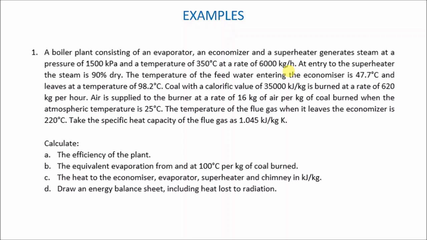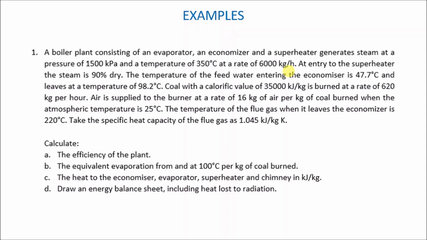Its name itself means to evaporate, so the evaporator turns the water into steam, and you are told that the dryness fraction of the steam is 0.9. That is what is meant by the steam is 90% dry. It means it's wet steam, but its dryness fraction is 0.9.